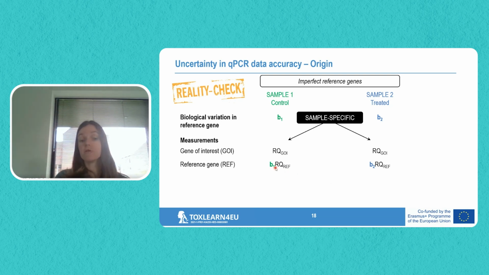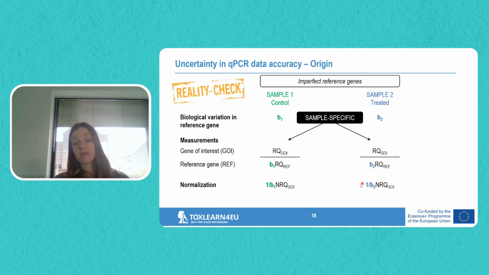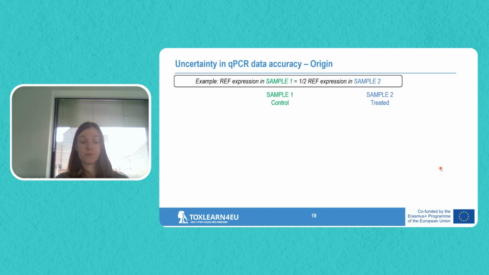But maybe the reference gene has a lower expression after exposure to zinc. Or there could also be an increase in its expression, but a smaller increase compared to the one seen for the gene of interest. What will then happen after normalizing is that you will divide 1 by the biological variation of sample 1, and on the right side you will divide 1 by the biological variation of sample 2.